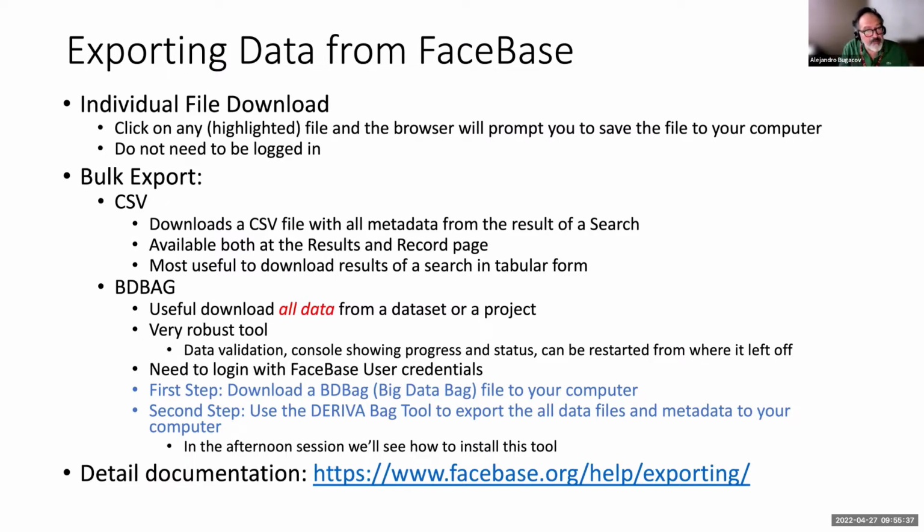The next mode of downloading data is what we call the bulk export, where you're downloading a collection of data. One is to download it in CSV form, basically tabular, comma-separated value form, something you can easily load into a spreadsheet. That's mostly used to download the results from a search.